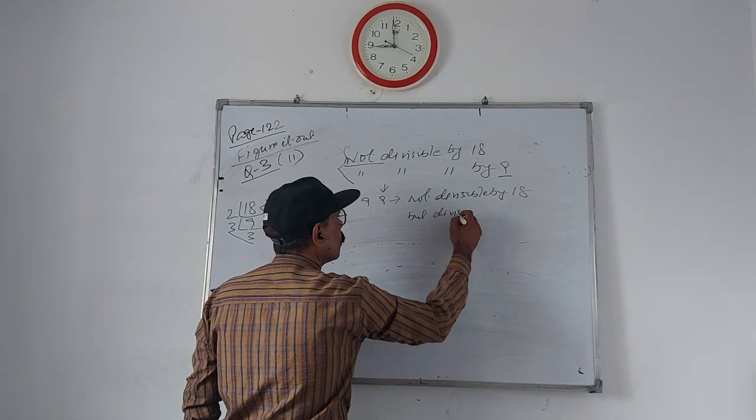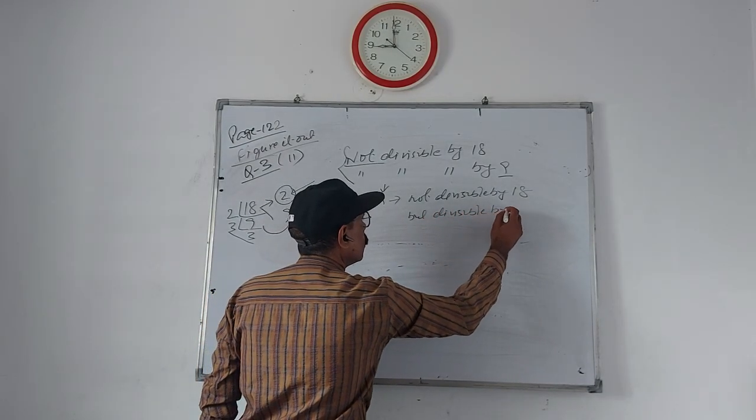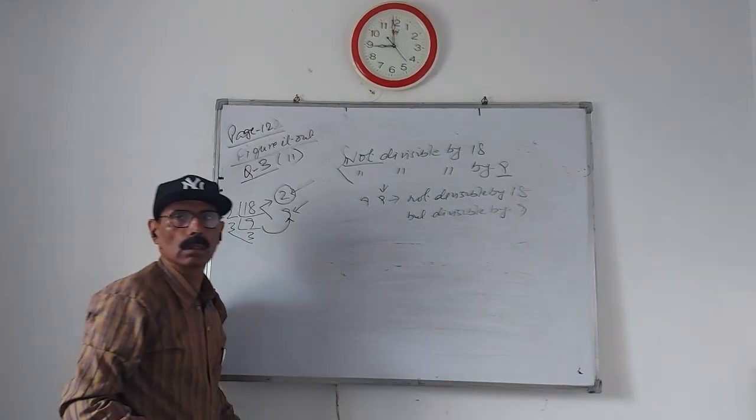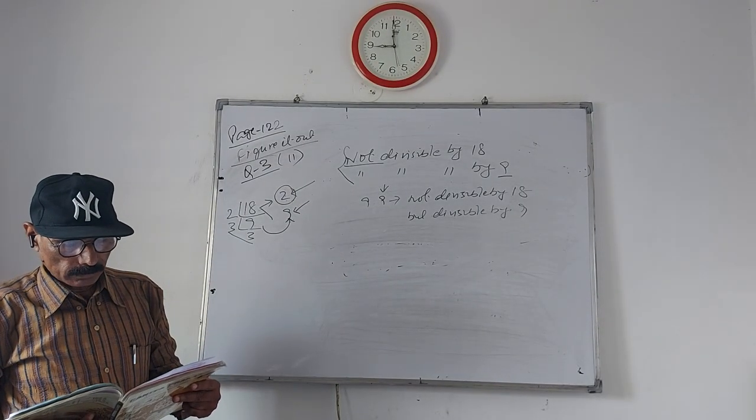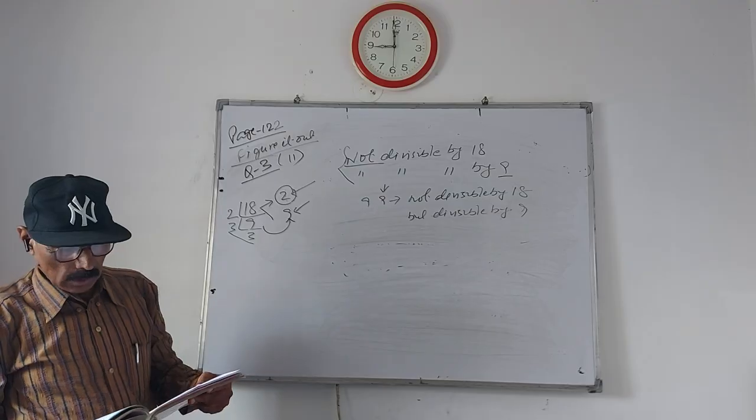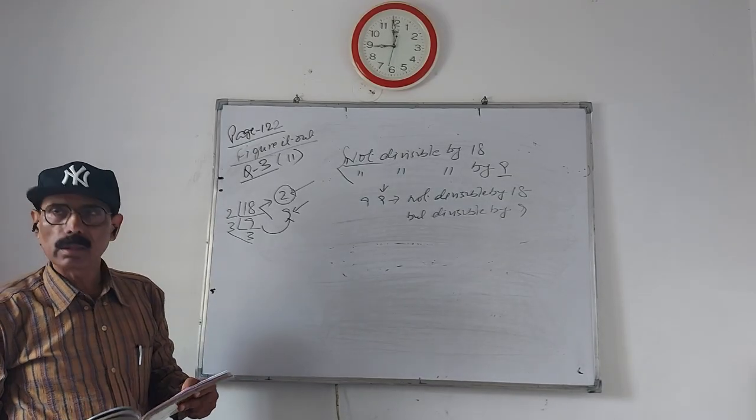Divisible by 9. Understood? But this is divisible by 9. So that means what?